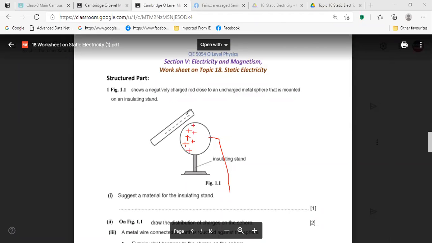Due to the negatively charged rod, the electrons left due to repulsion, and no more electrons were allowed to come here due to this repulsive force. Now, as the rod is removed, there is no repulsion to stop the sphere from receiving electrons. That's why electrons will flow from the ground to neutralize these positive charges.